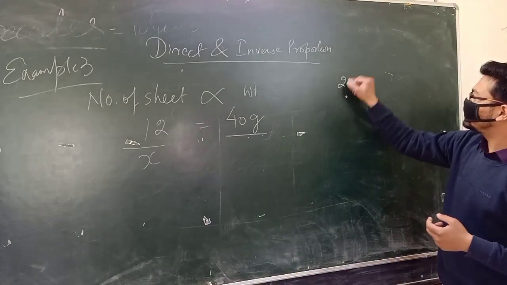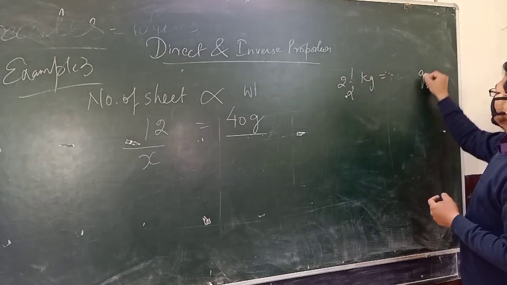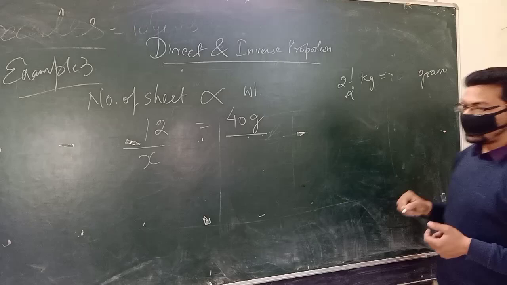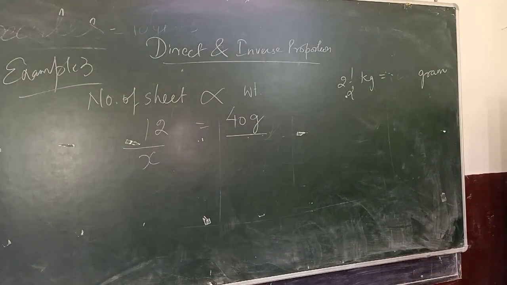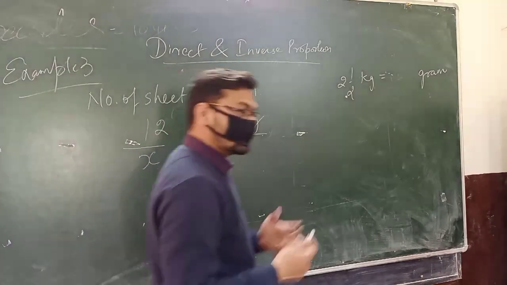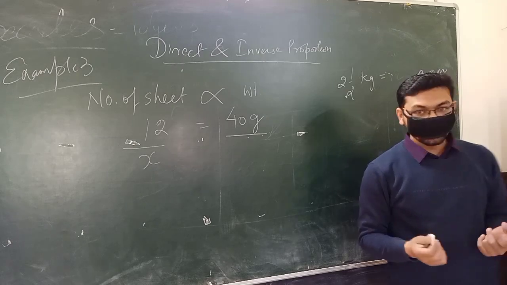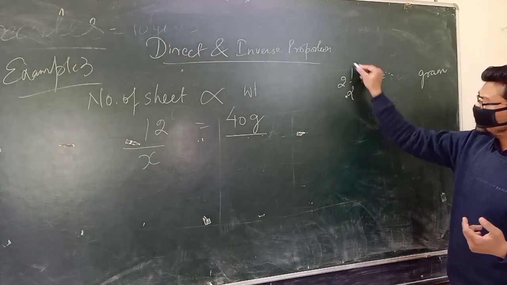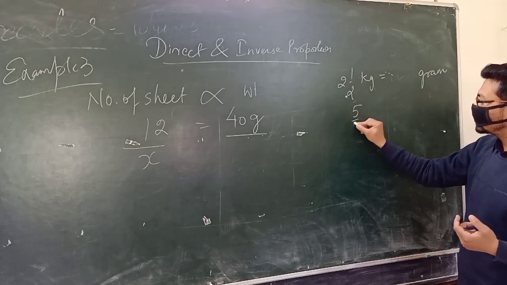But how can I represent 2.5 kgs in grams? Can anyone tell me? 2500. Is he right or wrong? Exactly. Now see, this is a mixed fraction. 2 2s are 4 plus 1, 5 by 2 kgs, right?